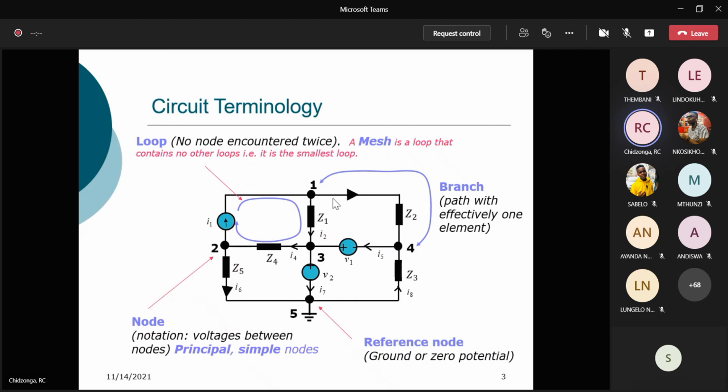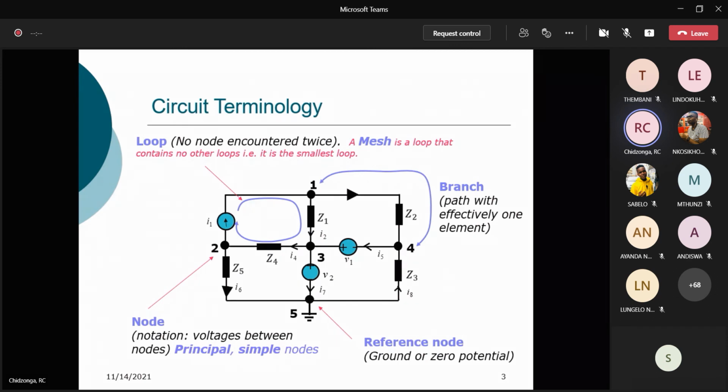Now, that path, which contains Z2, or the path from node 1 to node 3, which contains the element Z1, or any other similar, is called a branch. So a branch is simply a path through which current is going to flow.